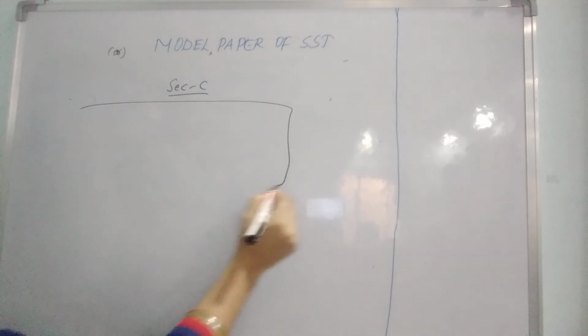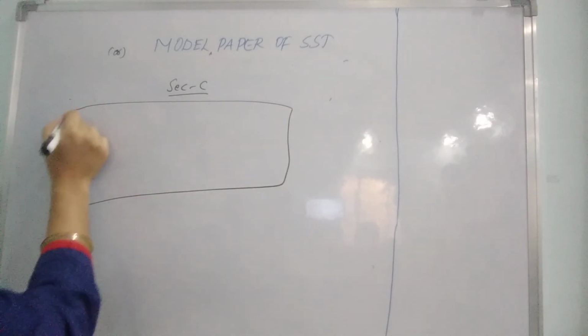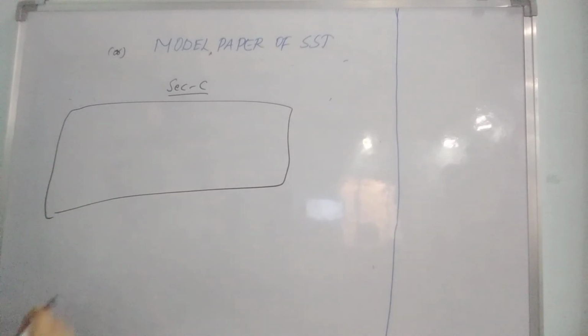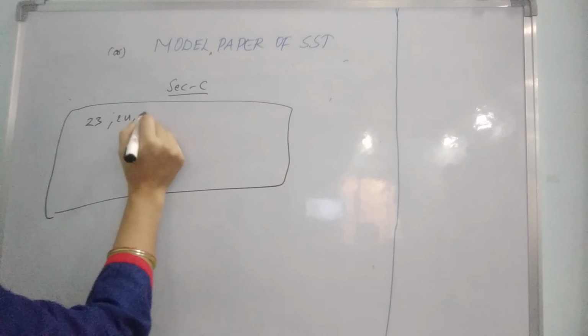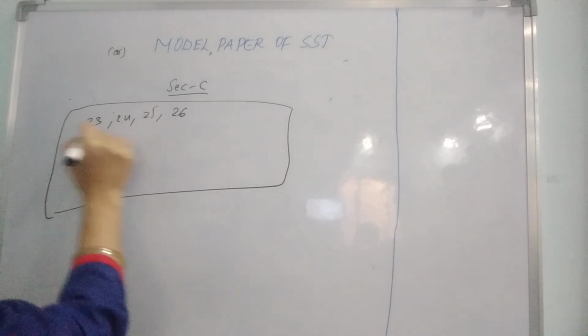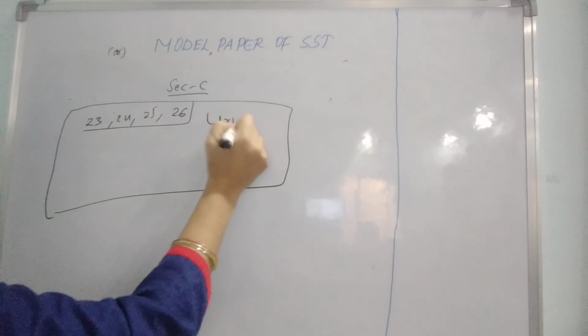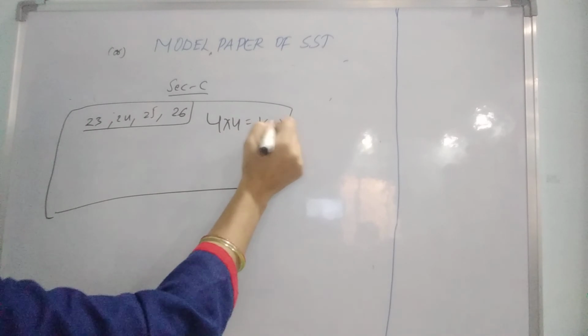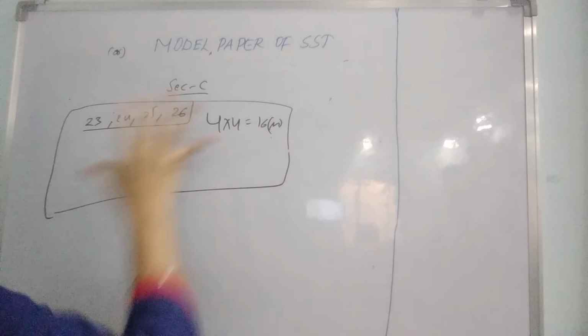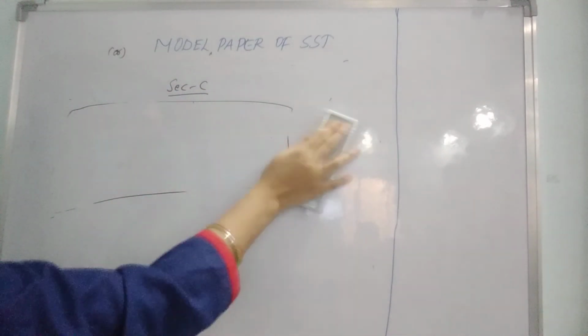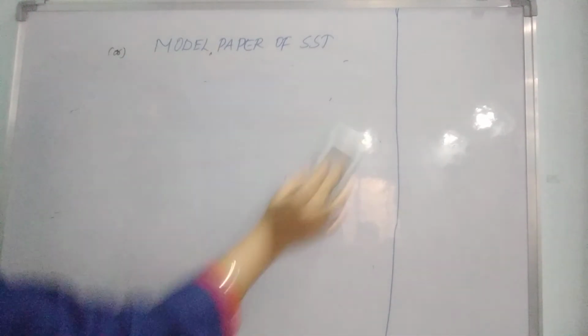Read the source given below and answer the following questions. For this we have to answer questions 23, 24, 25 and 26. These 4 are 4 marks. Section C is for 16 marks. It will give some data, we have to read and answer the following questions. This is our Section C.